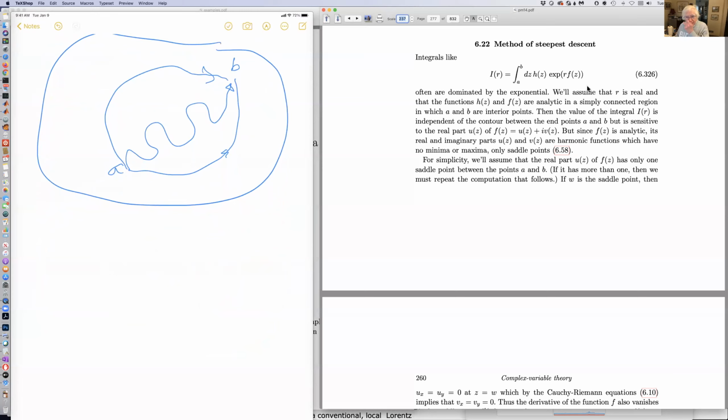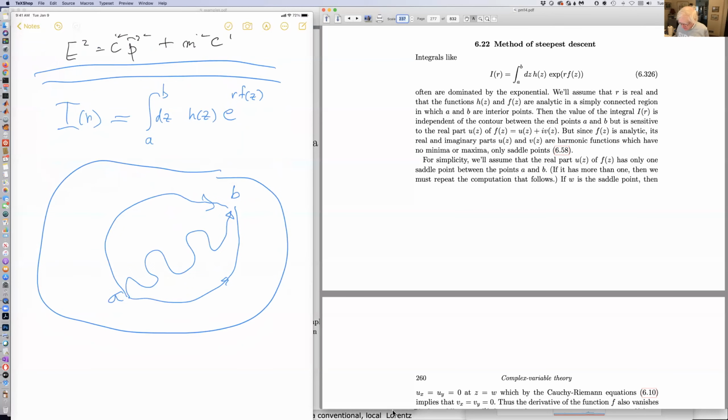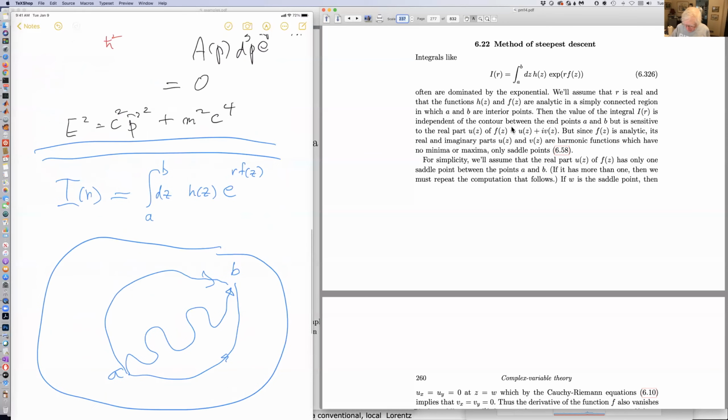And the important thing here is that this integral is sensitive to the, let me switch colors again. So let me switch maybe to green. So this is the part that, I'm assuming here that h is a relatively simple, calm function that doesn't change very much, or at least doesn't change exponentially.